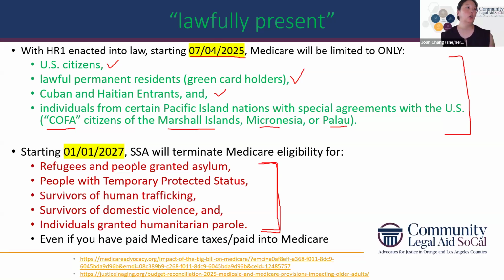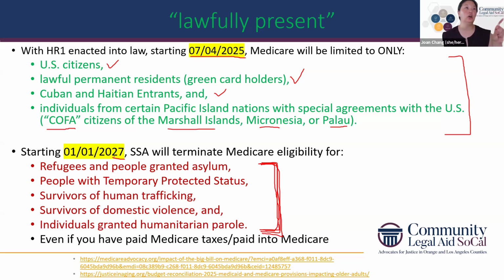And so all of these folks who currently have Medicare, who are in these categories, in about a year and a half's time, are going to be cut off. Refugees, people who are granted asylum, victims of human trafficking, domestic violence, and immigrants granted humanitarian parole: even if you paid into the Medicare pot, if you are in one of these immigrant categories, you will not be eligible for Medicare.